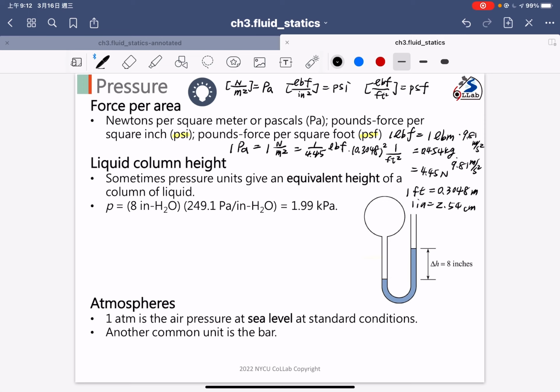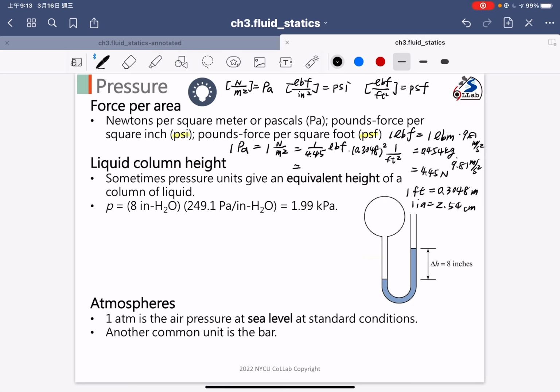So in that case, I can convert the 1 Pascal equal to how many PSF we have. Because 1 ft is equal to 0.3048, we can convert the meter squared to the ft squared. Because we divided here, it is equal to multiply on the top. So you can convert, and you know how many PSF you have.